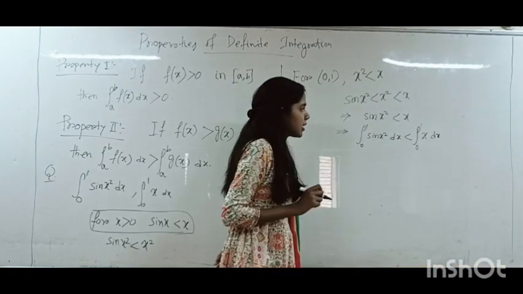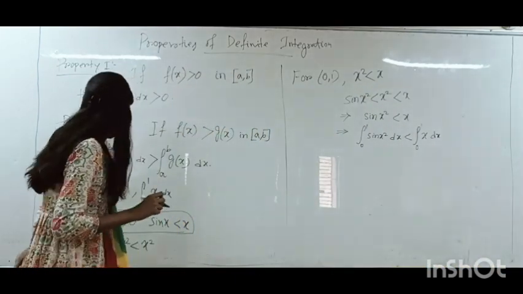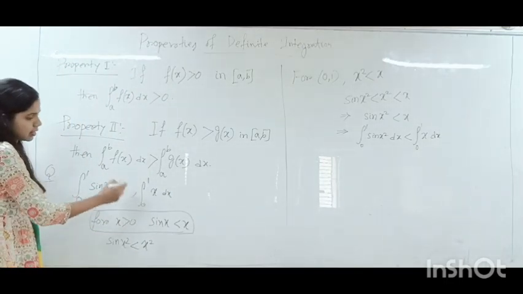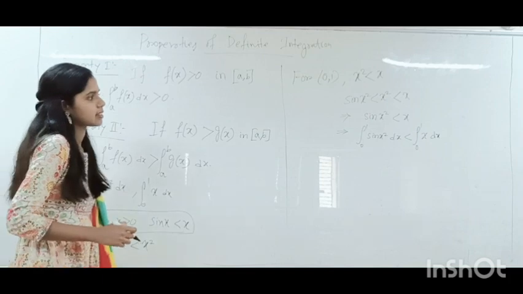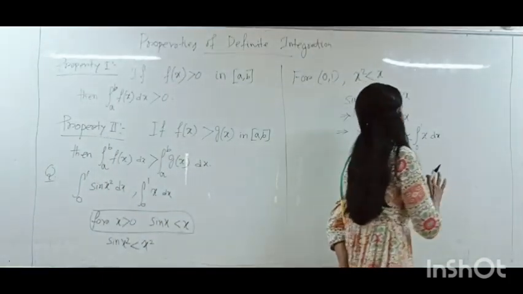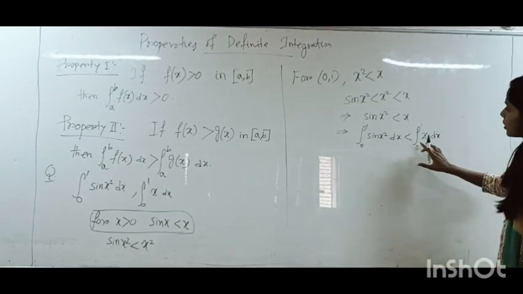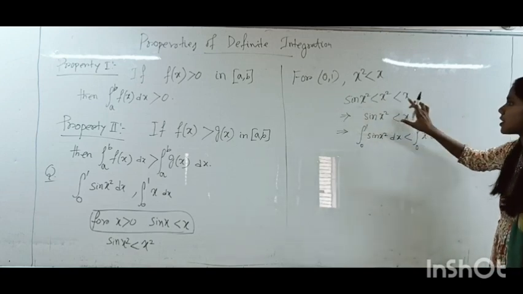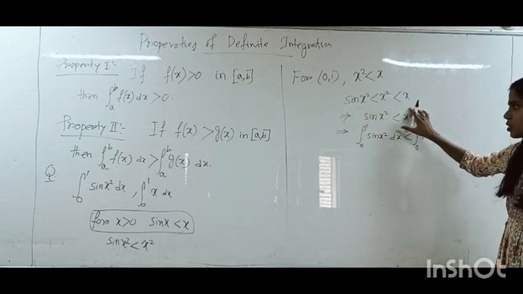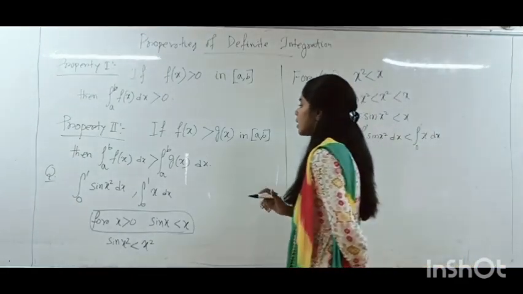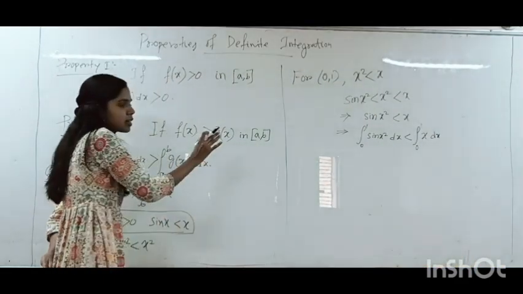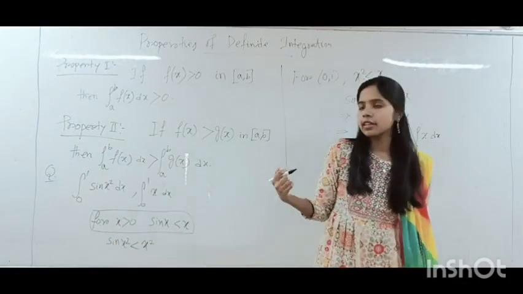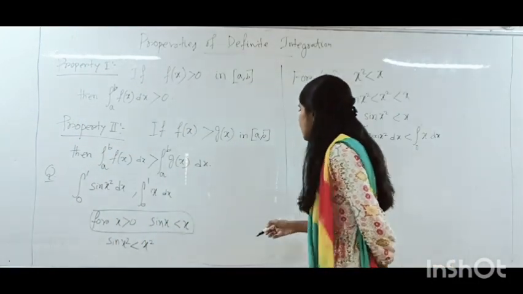So we get a result that of these two integrals, 0 to 1 of sin of x square dx and 0 to 1 of x dx, the first is less, because sin of x square is less than x.